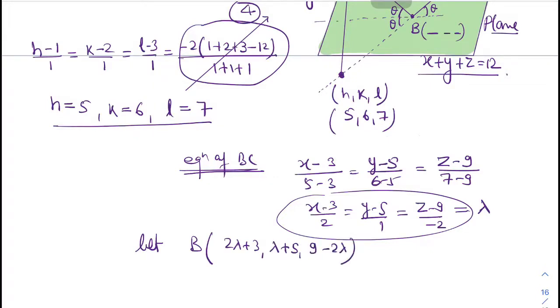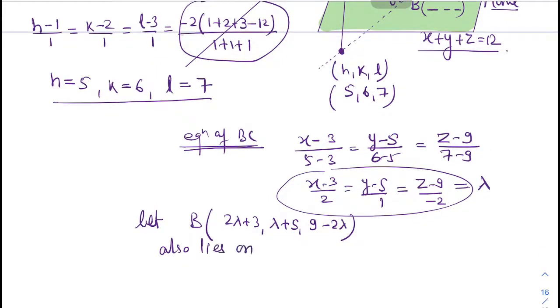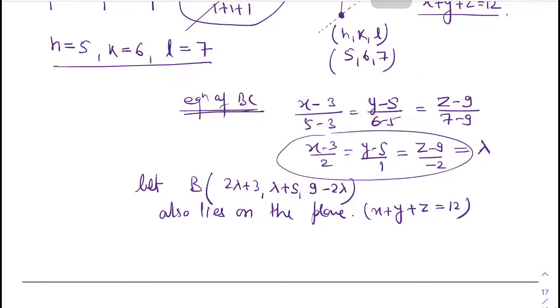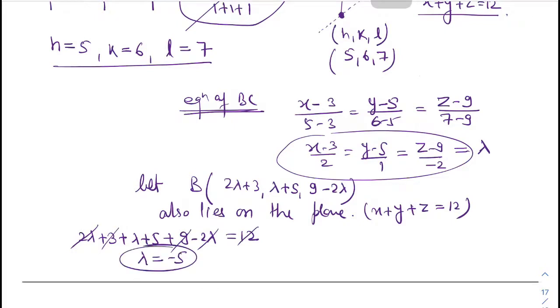This B also lies on the plane, so it must satisfy the equation of the plane, x plus y plus z equal to 12. So we get 2 lambda plus 3 plus lambda plus 5 plus 9 minus 2 lambda equal to 12. 2 lambda gets cancelled, and 9 plus 3 plus 5 is 17 minus 12, so lambda comes out to be minus 5.